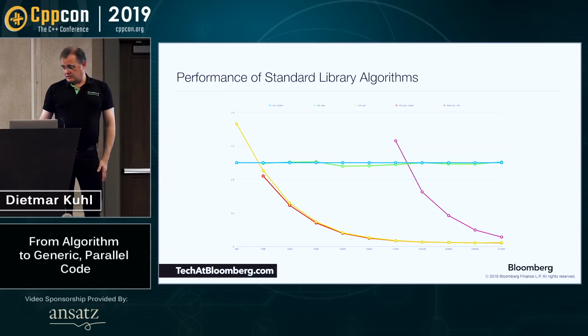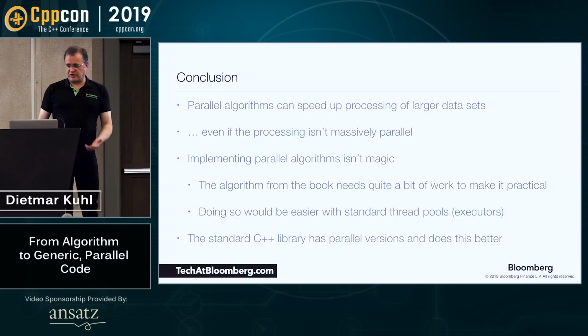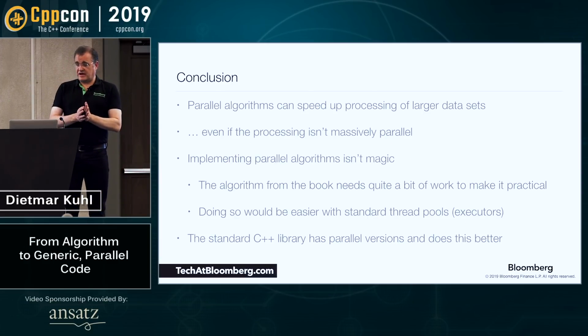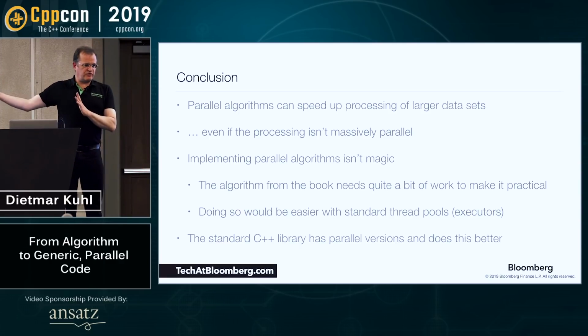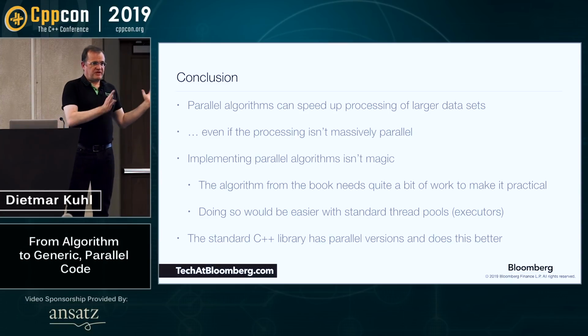Okay, so this is pretty much what I wanted to talk about. And so the conclusion I get from that is the parallel algorithms actually do speed things up, at least once you have large workloads. On tiny workloads, they probably don't.